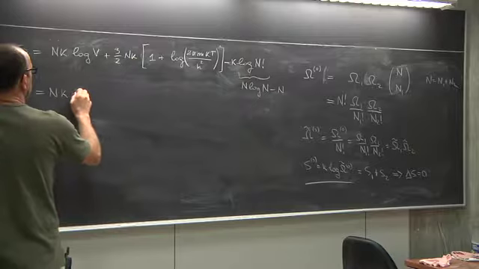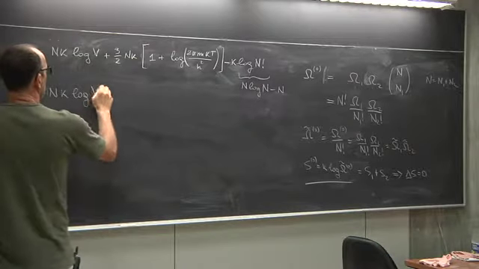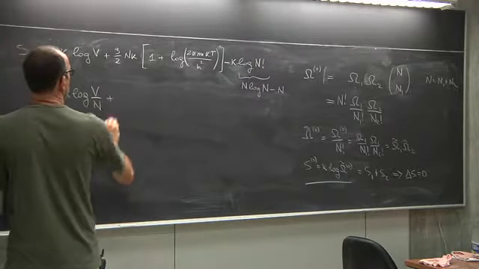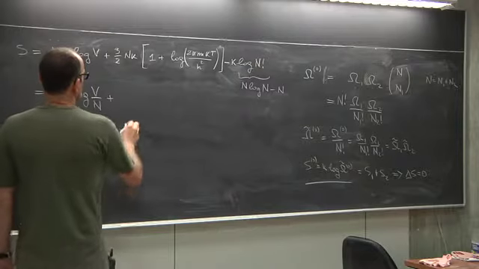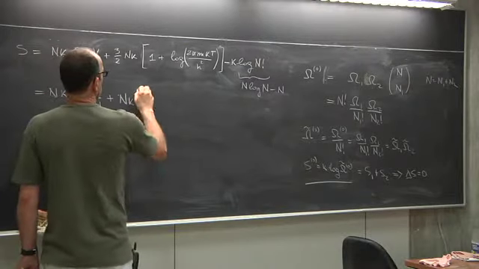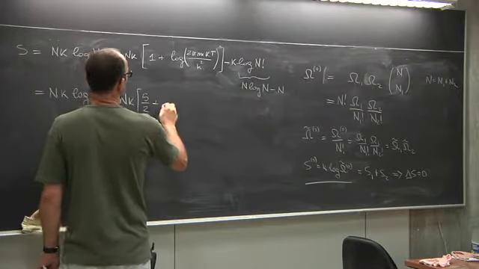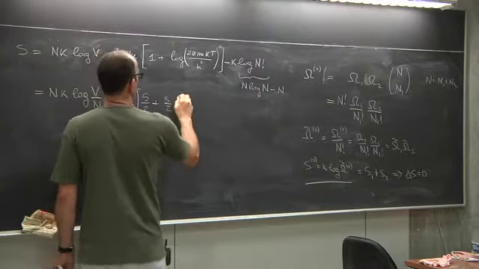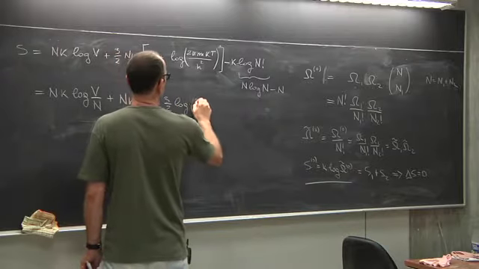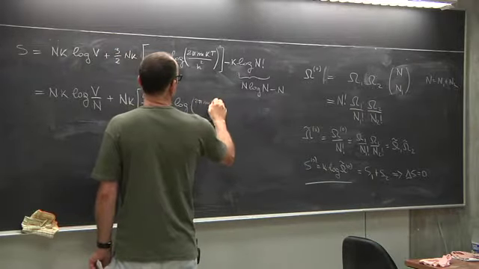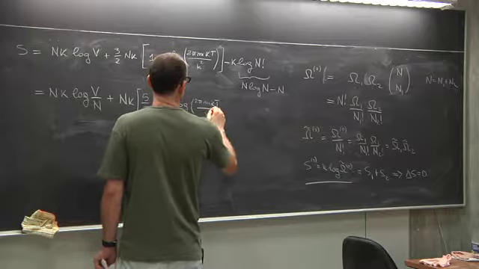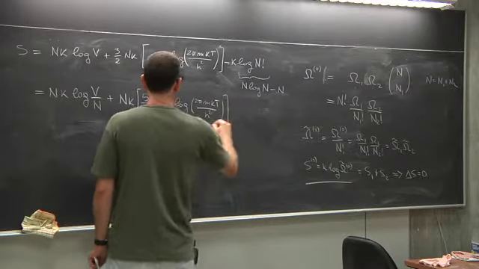So I have nk times log v over n plus nk times 5 over 2 plus 3/2 log of 2 pi m kt divided by h squared.